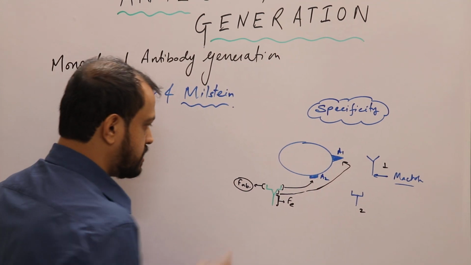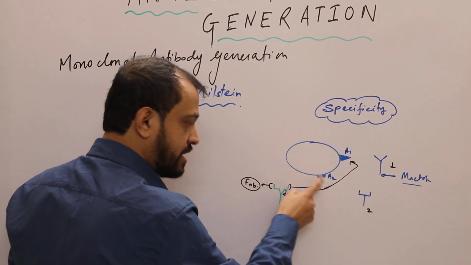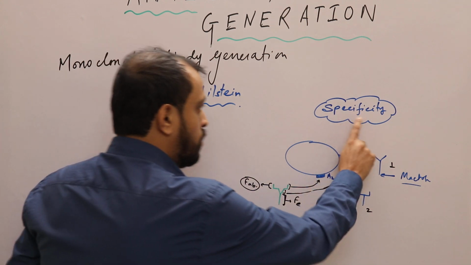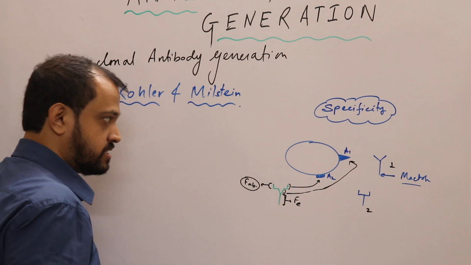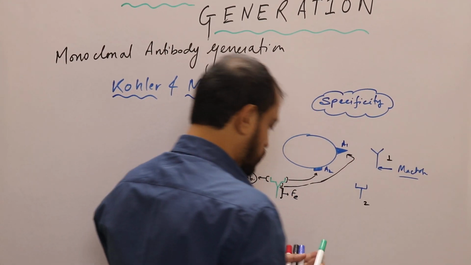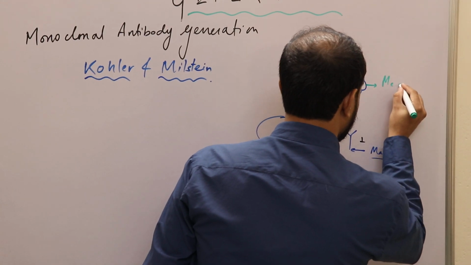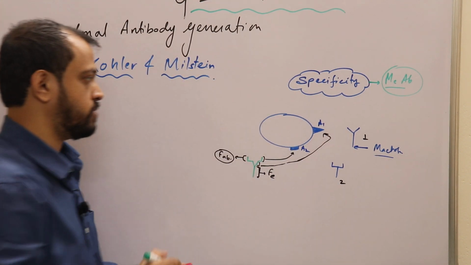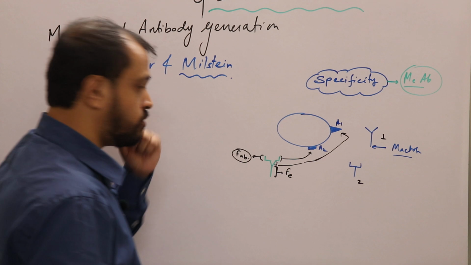So you should understand that this polyclonal antibody is not specific to A1 or A2, it is common for both. Now, whenever this specificity term comes into an immunology lecture, you should understand we are talking about monoclonal antibodies, MCAB. So this is the basic difference between polyclonal and monoclonal antibodies.